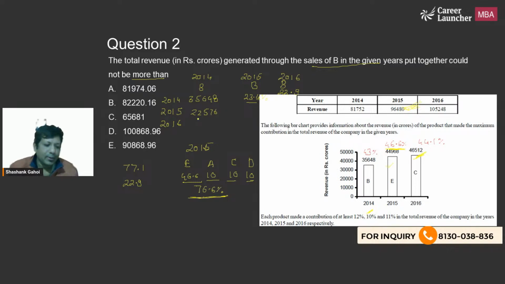Okay. Now, what is the third value? That is, this is 22.9, right? So 22.9% of 105,248. That is going to be 24,101 or 2.